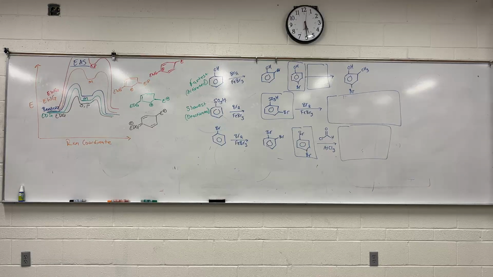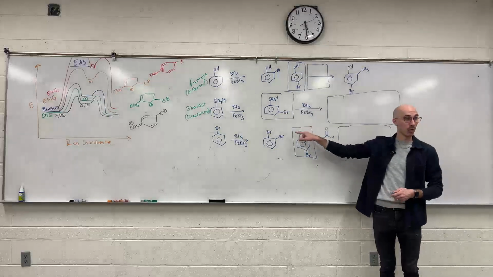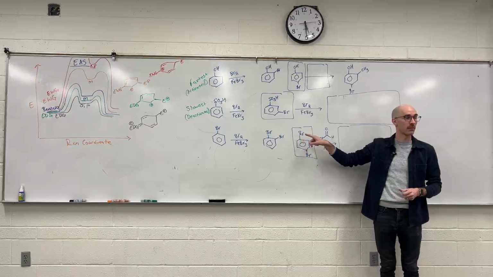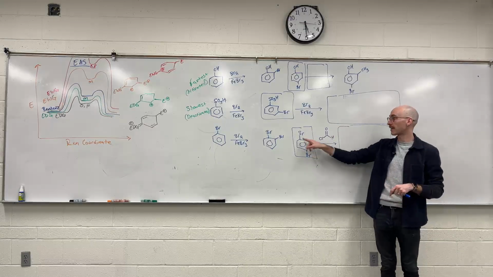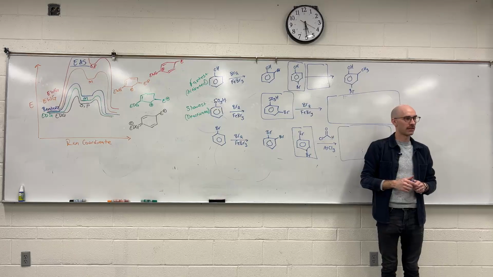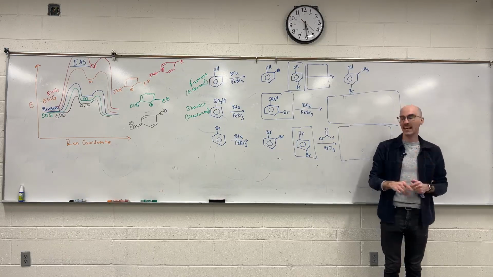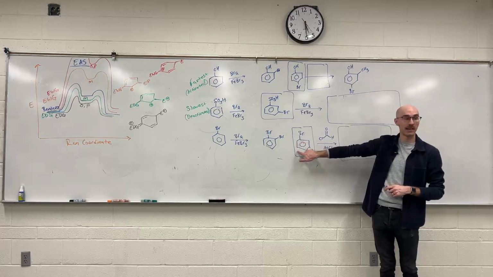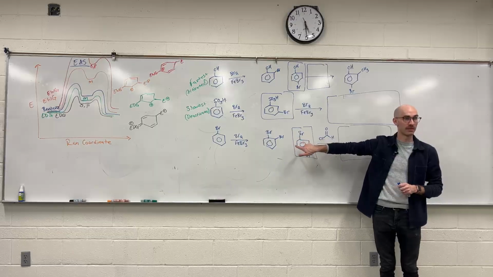This is EAS, but you've treated it as if it's NAS. NAS would substitute the bromine, because a nucleophile would attack that carbon and then the bromine would get kicked off after. EAS means something's going to happen with one of these available positions.